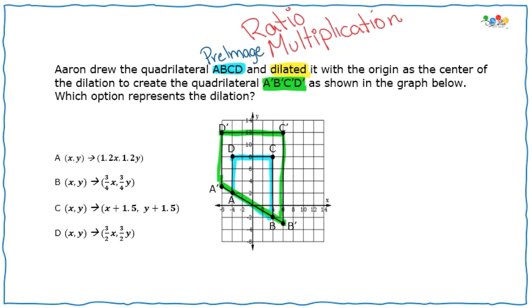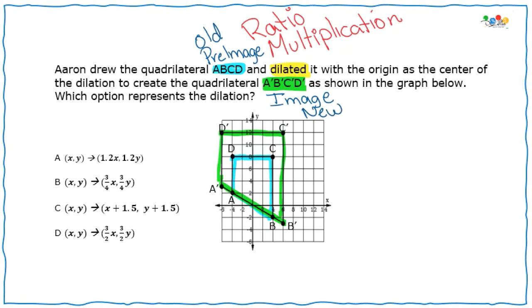My pre-image, some people call it the original, some people call it the old figure, right? It depends on how your teacher decided to name it. But we do for sure use pre-image. The other one, guys, this one is called the image, right? It is also called the new image, okay?